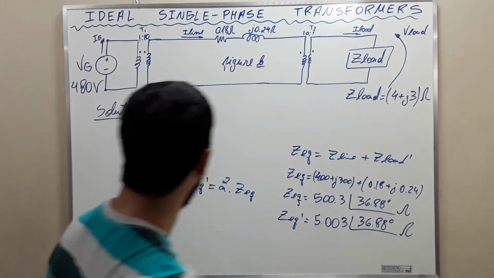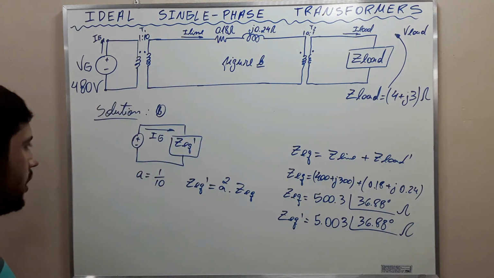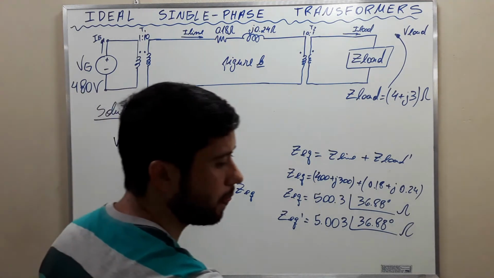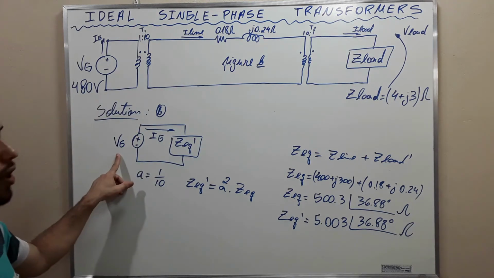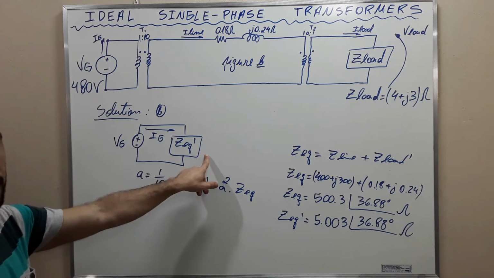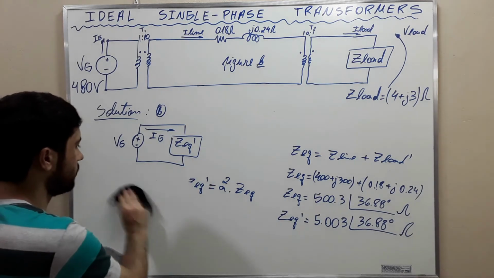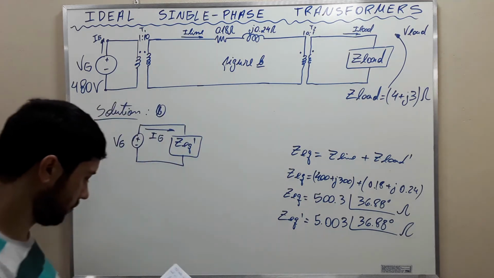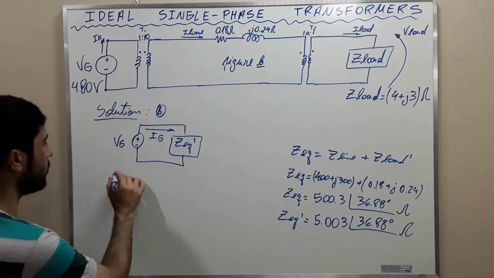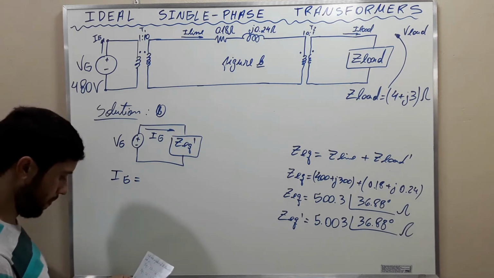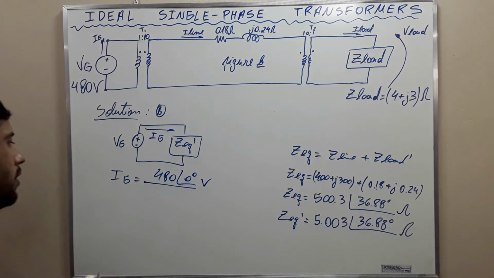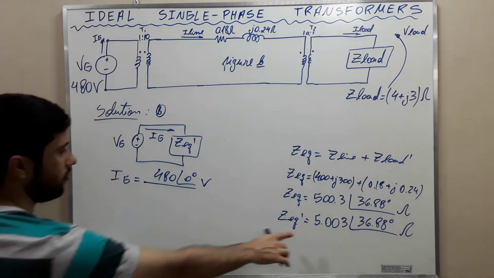With this system at hand, we can calculate the current of the generator. The current of the generator is simply the division between the voltage of the generator and this equivalent impedance. The current of the generator is going to be 480 phase 0 degrees volts, divided by this number here.